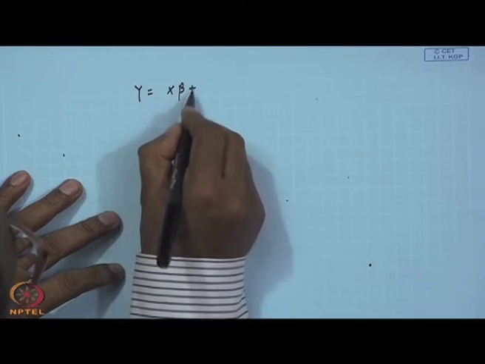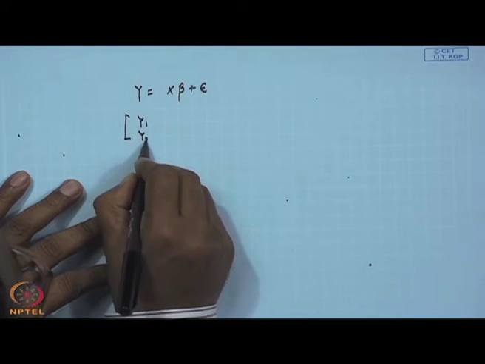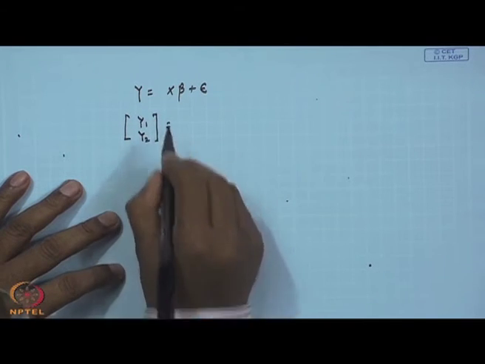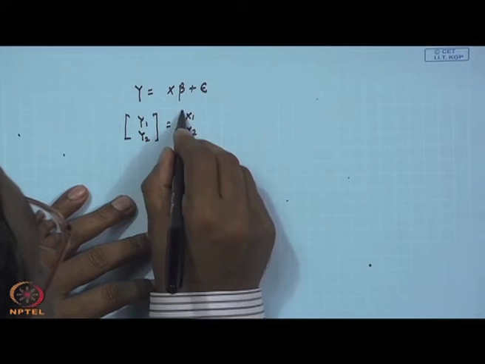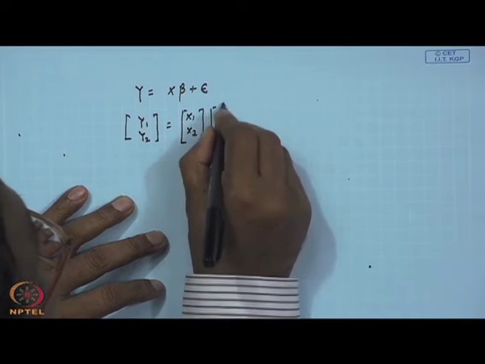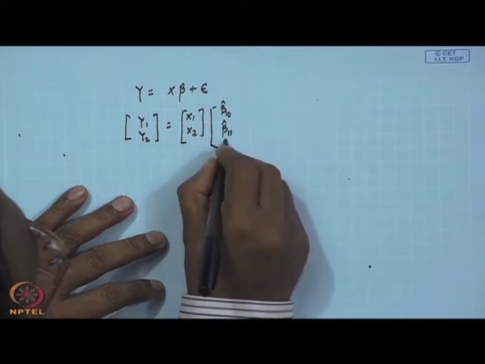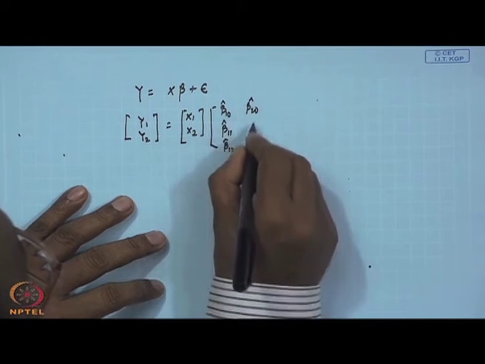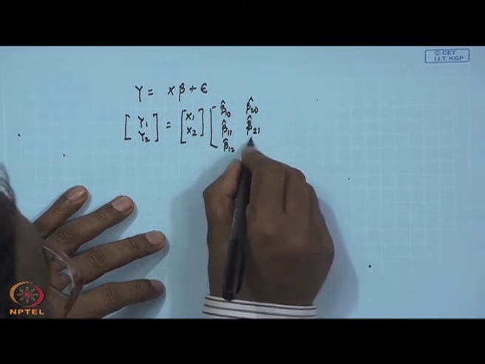If I go by the logic that y is X beta plus epsilon, where y is here y1, y2, and X is here x1 and x2, and beta is here beta 10 cap, beta 11 cap, beta 12 cap, then beta 20, beta 21 cap, and beta 22 cap.